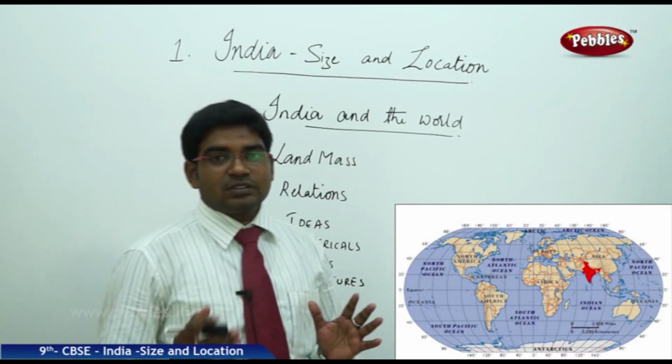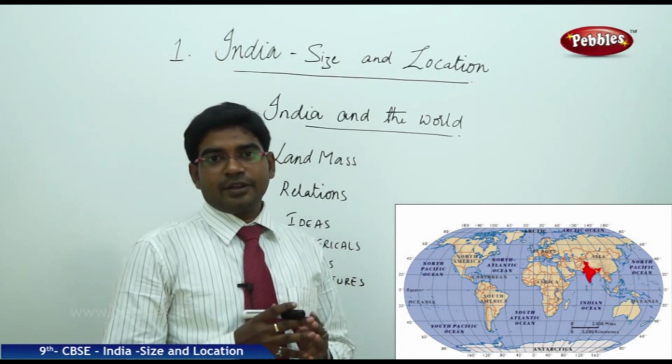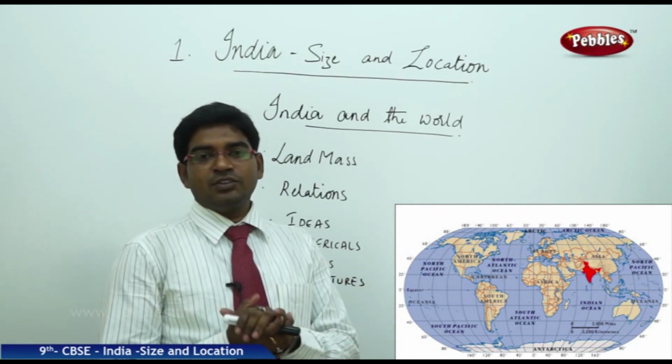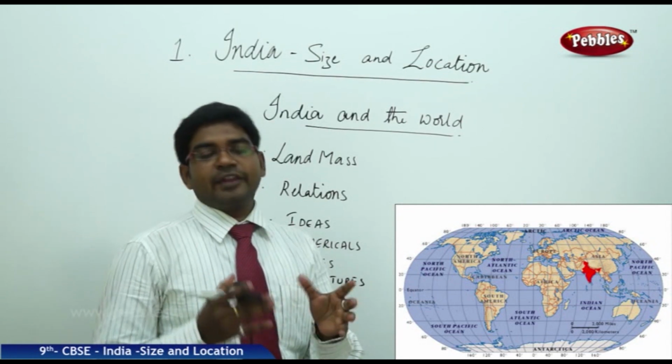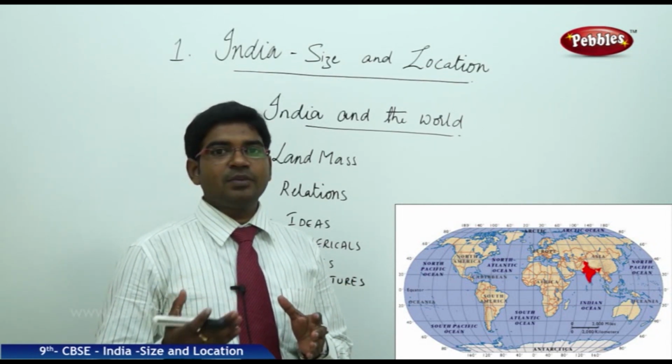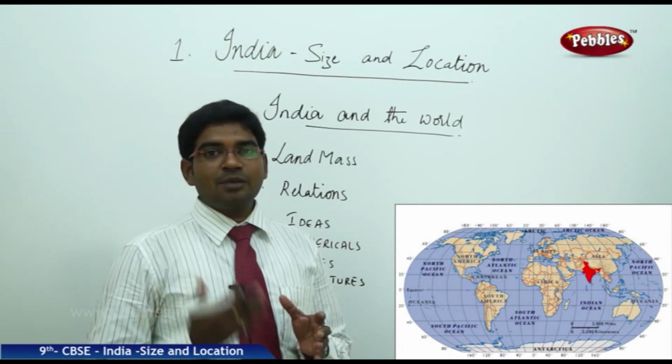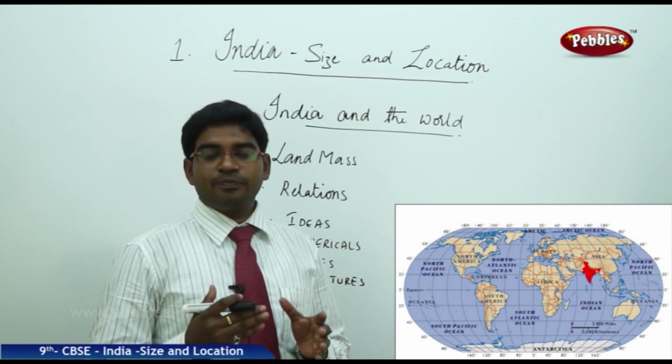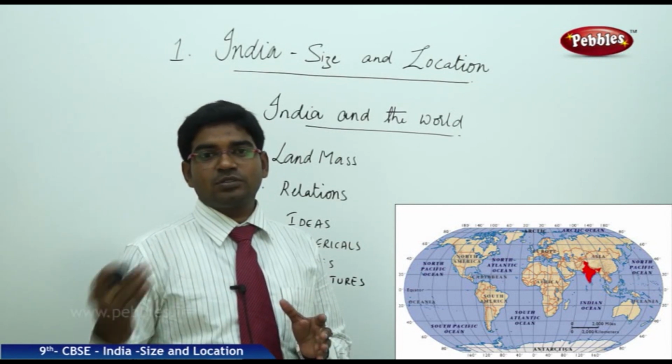As we fixed the Indian standard meridian as 82 degrees 30 minutes, this meridian passes through Mirzapur in Uttar Pradesh, and it also connects to Sri Lanka.